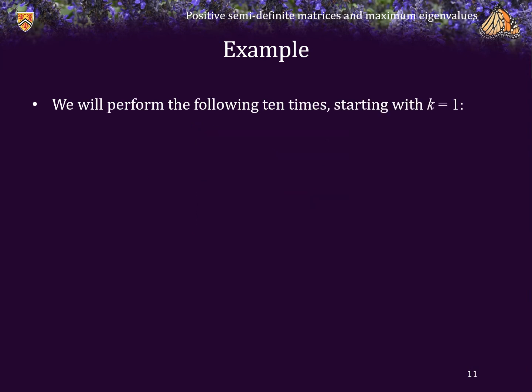Now, we're going to perform the following algorithm 10 times, starting with k equals 1. We're going to calculate vk equaling A applied to the previous normalized vector vk minus 1 cap. We're then going to print the magnitude of this vector.